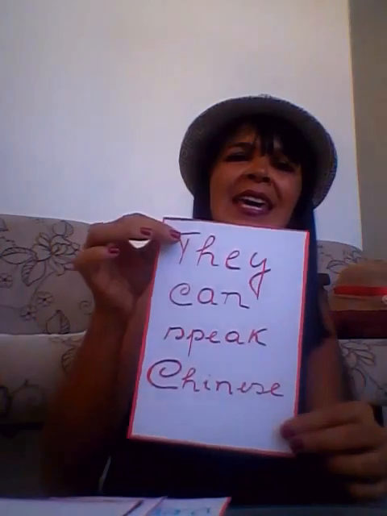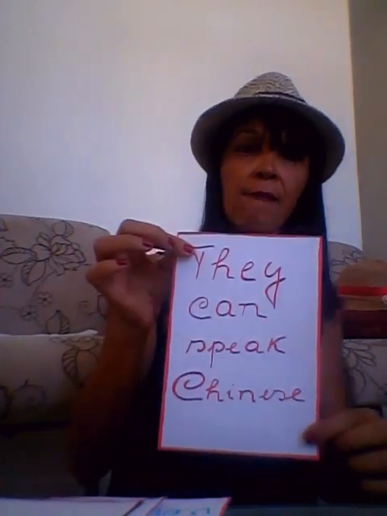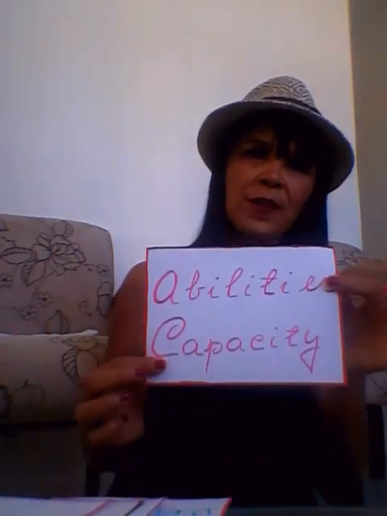People in China, Chinese people, of course, they were born in China, so they can speak Chinese. Nádia, I'm a Brazilian girl, so I can speak Portuguese. I'm an English teacher, so I can speak Portuguese and English. Yes, I have the ability, I have the capacity of speaking, so I can.